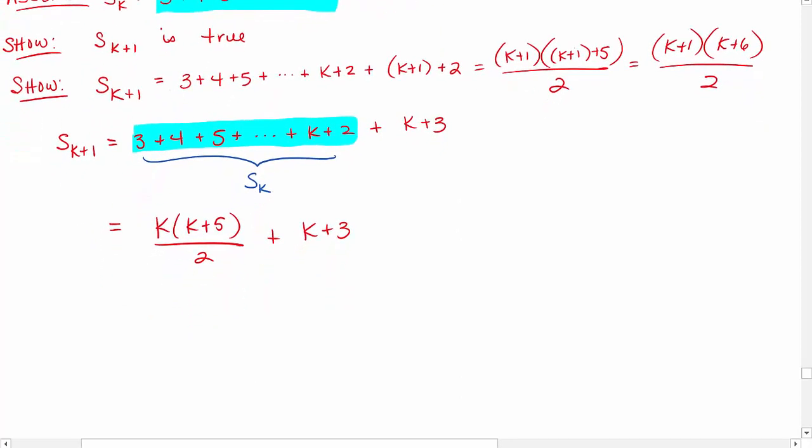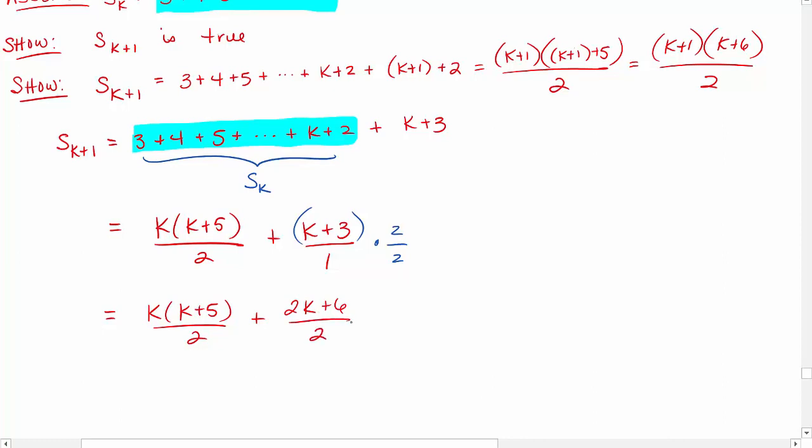So I'm going to get a common denominator and a new numerator so I can add this fraction with the not a fraction. That's why I threw the not a fraction over 1. We're going to have to multiply this top and bottom by 2. And don't forget to distribute that 2. So k times k plus 5 over 2 plus 2k plus 6 all over 2.